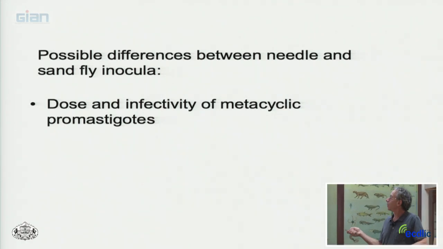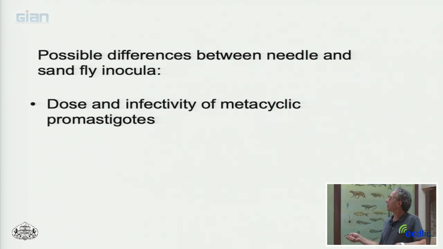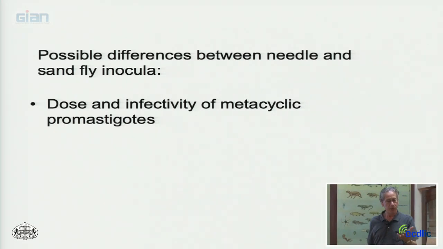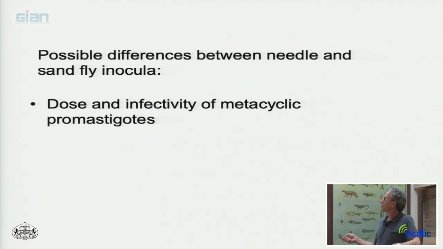But an important one is the dose and infectivity of metacyclic promastigotes. You can't control that in flies. With needle, folks have made a pretty arbitrary decision what dose of parasites to put in. And in terms of infectivity, a lot of these challenges were not done with real metacyclics.